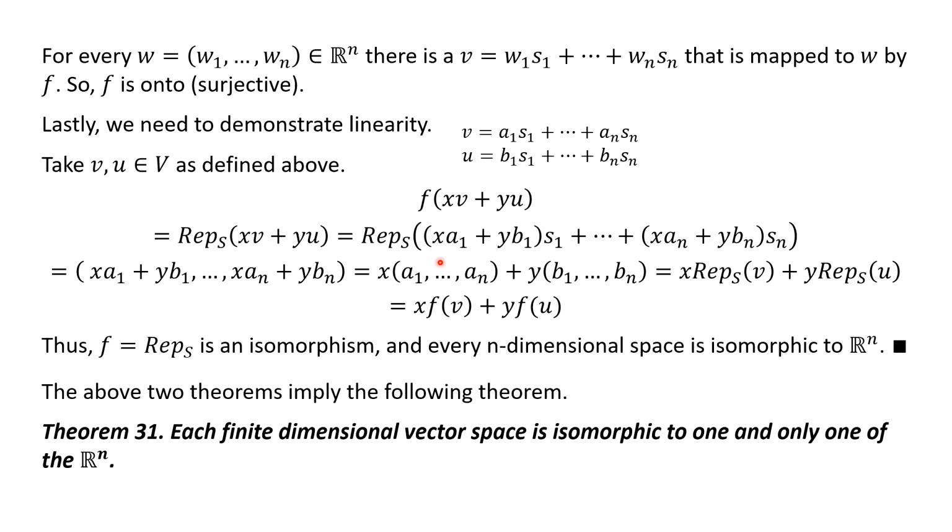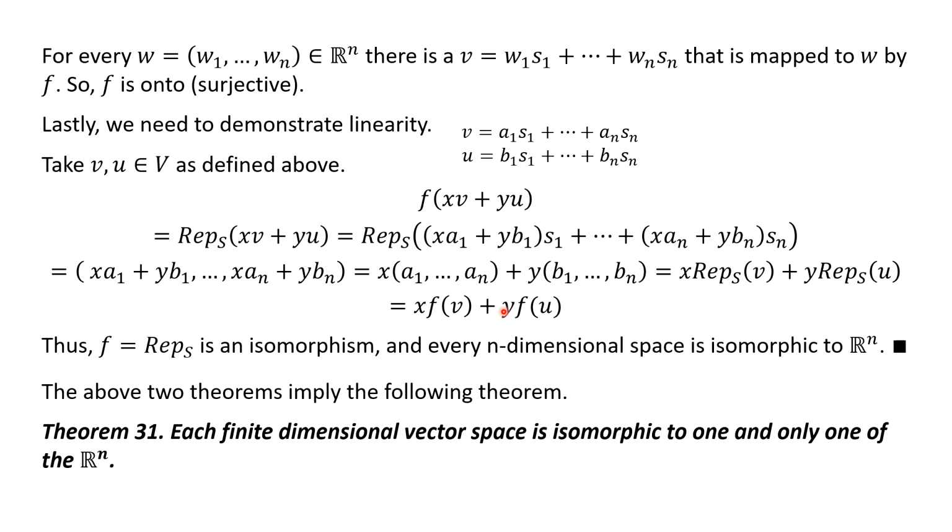And then this can be written as x times a vector comprised of the a coefficients and y times a vector comprised of the b coefficients. And you can see if you add these two together, you come back to what's here. But then this is equal to x times the representation of v with respect to S plus y times the representation of u with respect to S. And that equals x times f evaluated at v plus y times f evaluated at u.